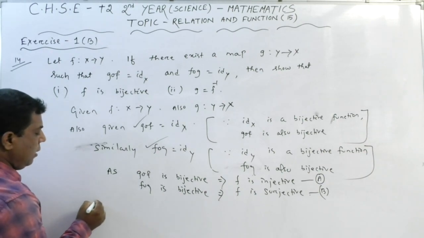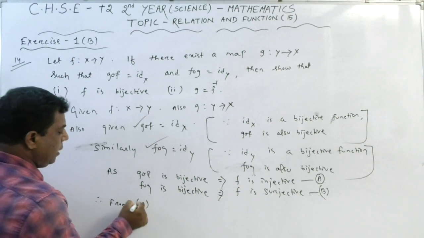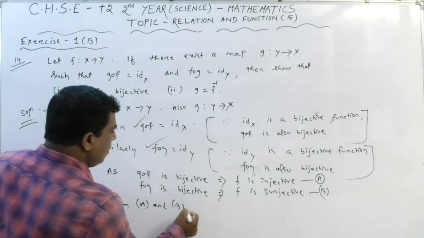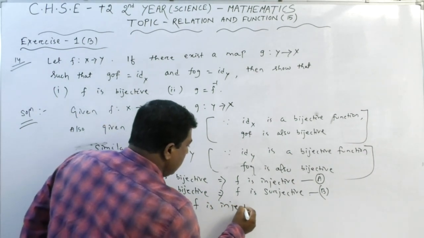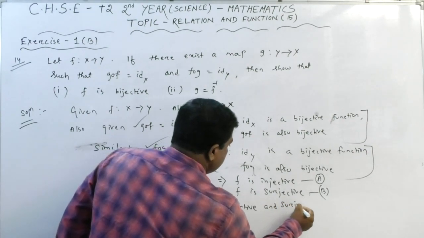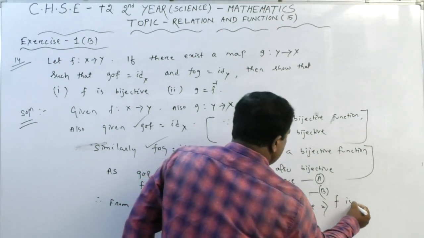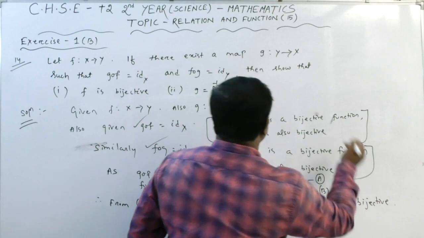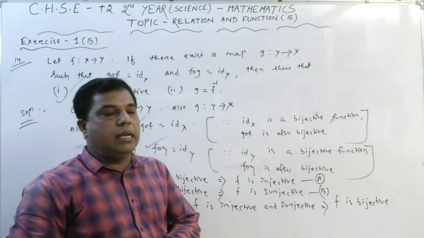From 1 and 2, or from A and B, it is clear f is injective and surjective, that implies f is bijective. Clear, my dear students? So this shows that f is bijective in nature.